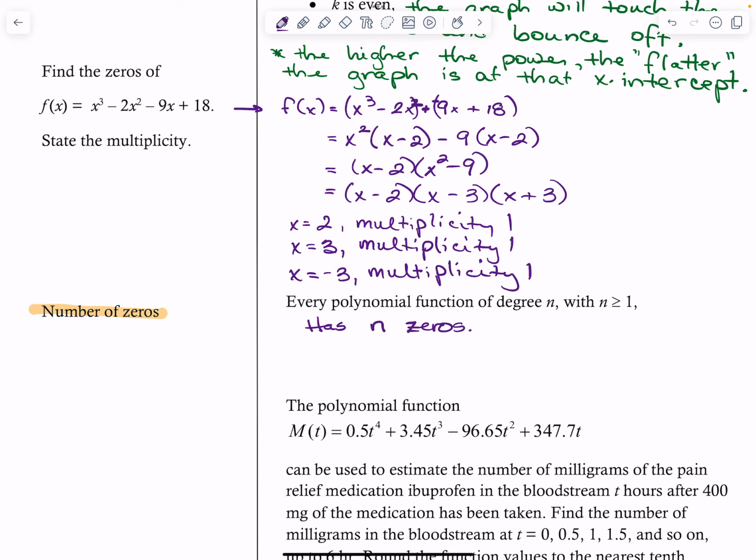They may be real, rational, they may be irrational if we are using the quadratic formula to find them. They could be complex, non-real. If one root has multiplicity 2, that's going to count as 2 zeros.